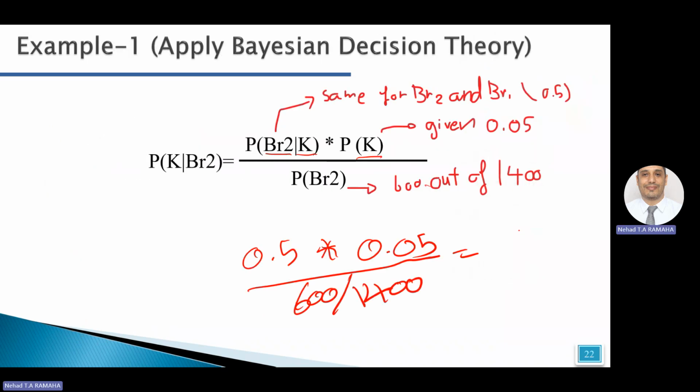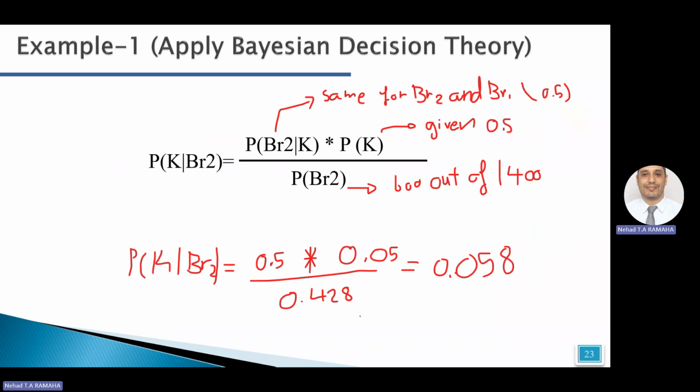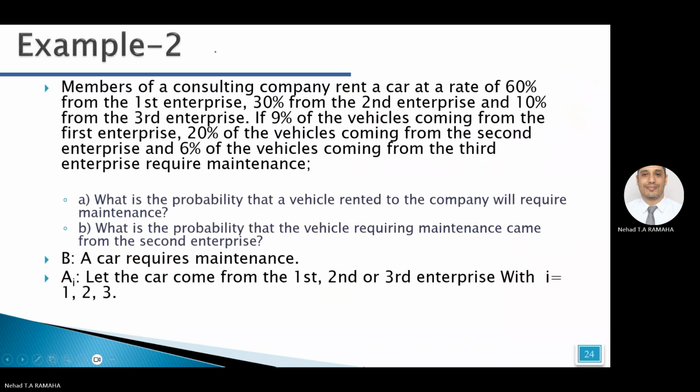So if you calculate it using a calculator, by the way, we allow calculators in the exam because it's not mathematics, yes? In discrete mathematics we don't allow them, but here we allow it. So it's 0.58. Okay, so this is the calculation.